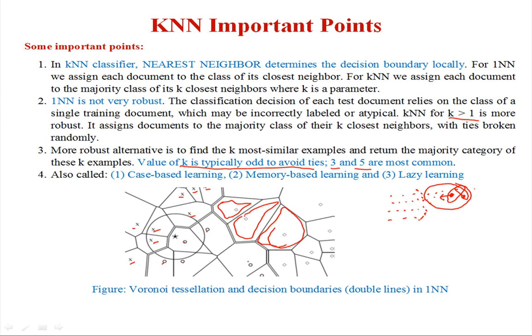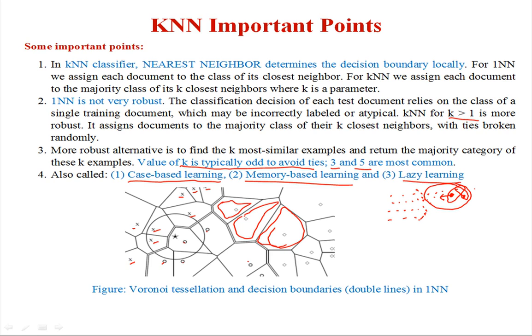I already discussed why we select odd numbers for k, just to avoid the ties condition. This is also called case based learning, memory based learning or lazy learning, because we fix everything in memory.